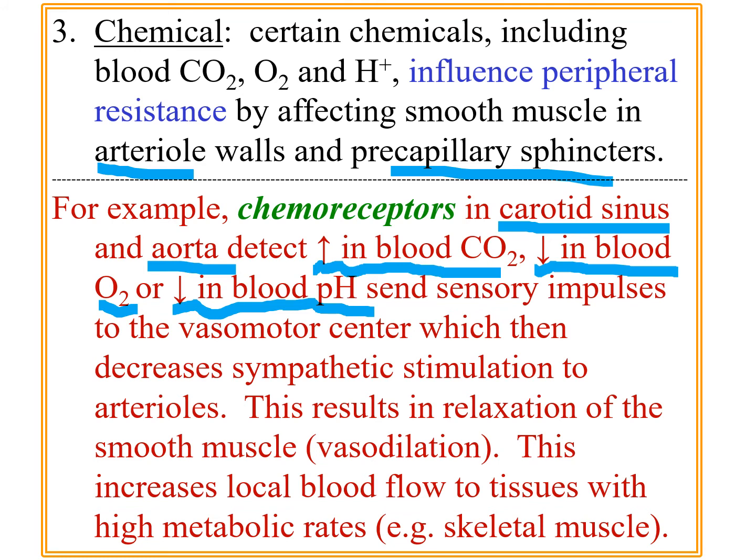Well, as it says here, when you have a rise in blood CO2 or a drop in blood oxygen or a drop in blood pH, that is going to result in the vasomotor center sending less sympathetic impulses to the arterioles and the precapillary sphincters.